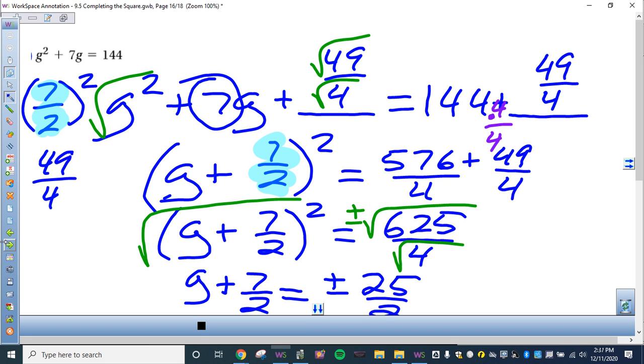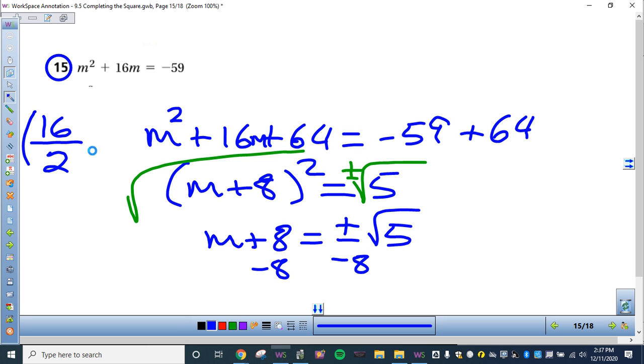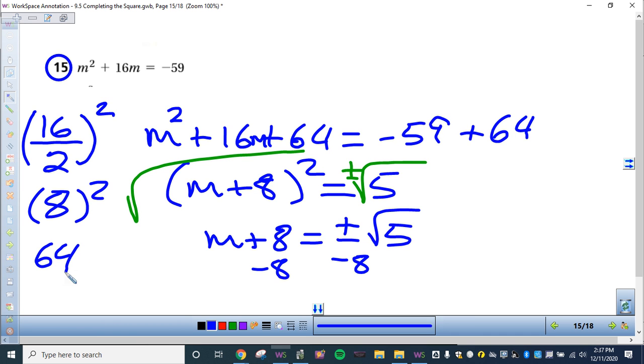Mr. Evans, can you please do 15? Yep. Thank you. So 16 over 2 squared, which is 8 squared, which is 64.